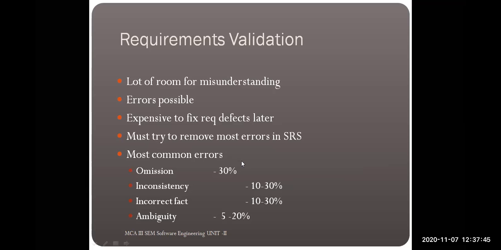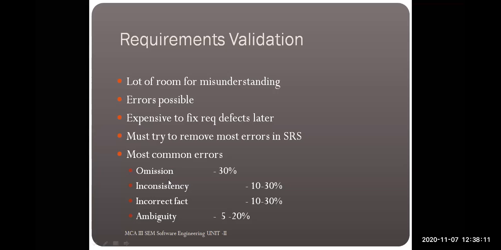Other important aspects are that requirements which have been misunderstood may lead to errors in the SRS. The most common errors which can be encountered in SRS preparation are, first, omission.